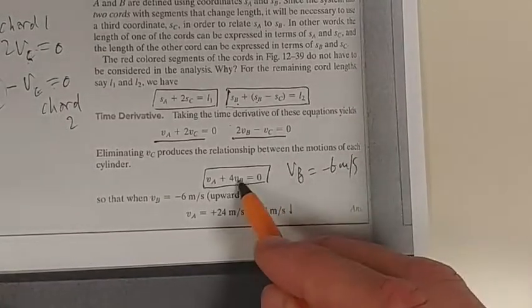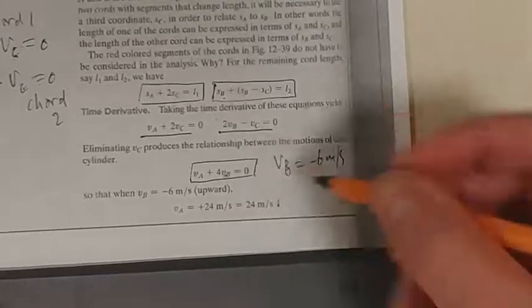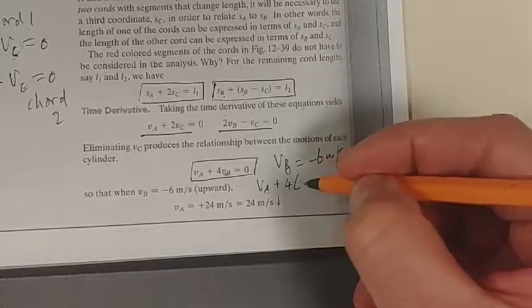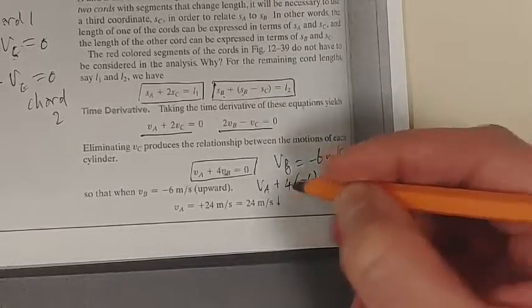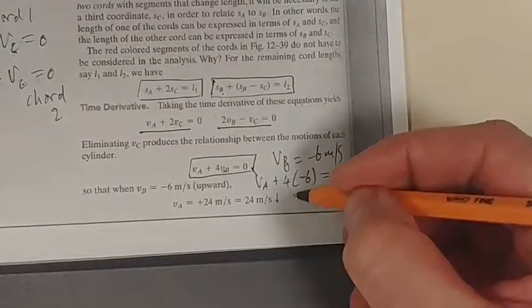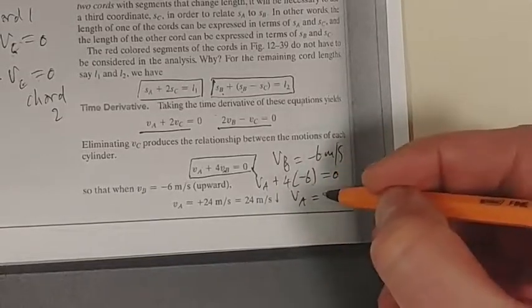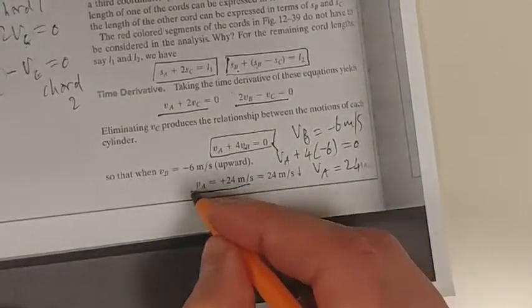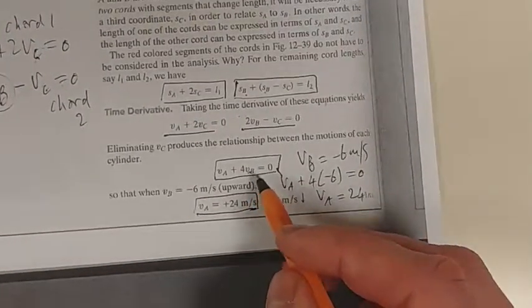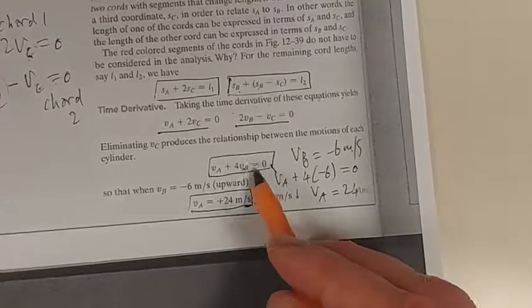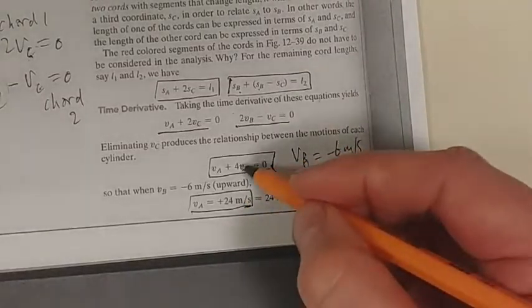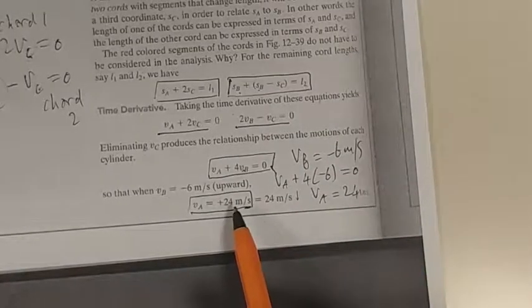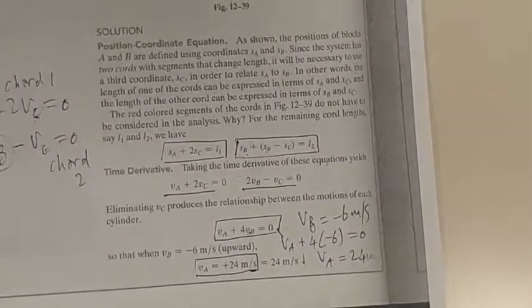If we put minus 6 in there, we have VA plus 4 times minus 6 equals 0. Solving that, VA is 24, because we move it to the other side. So VA moves 4 times VB. Whatever VB moves, VA moves 4 times, in opposite directions.